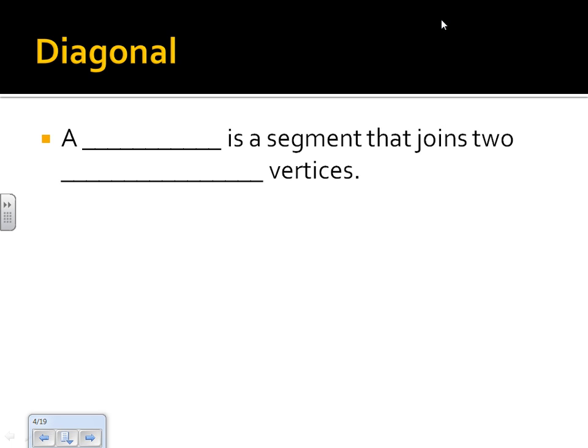So a diagonal is a line segment that joins or connects two non-consecutive vertices.